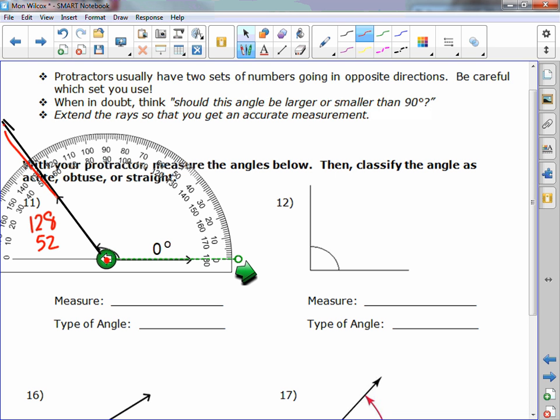This angle is big. It opens wide. So would that make it an obtuse angle, 128, or an acute angle, 52? If it opens big and wide, it's an obtuse angle, which means it must be the 128. And like we just said, that's an obtuse angle.